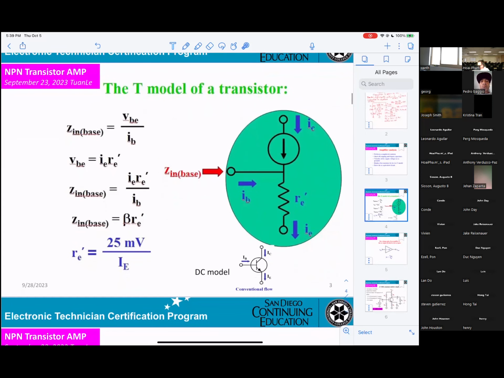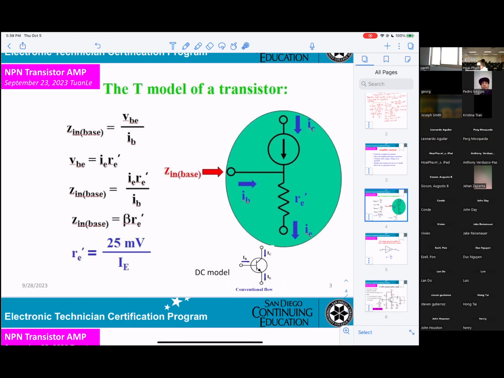Now, you can see that's what they call a T model of a transistor for AC. This is a model for the transistor in DC. On DC you see this one, but not AC.